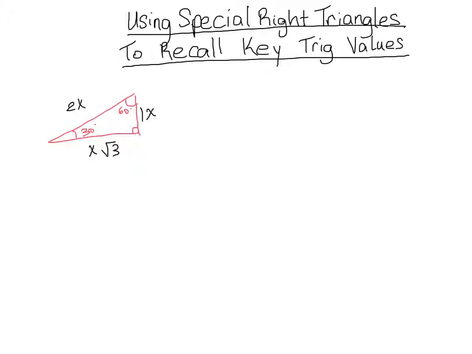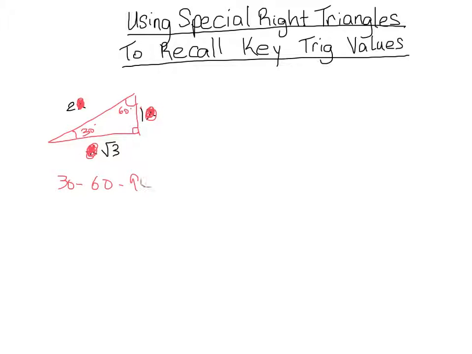So let us actually just erase those if we can. We can't, so I'll cross them off. We don't really need those x's. So just think of this triangle as 1, 2, and root 3. I just reduced it down to a basic small triangle. So we're going to have to remember those values for our 30, 60, 90 triangle.